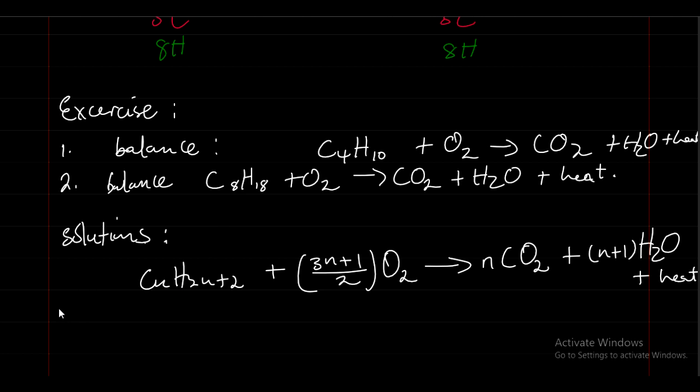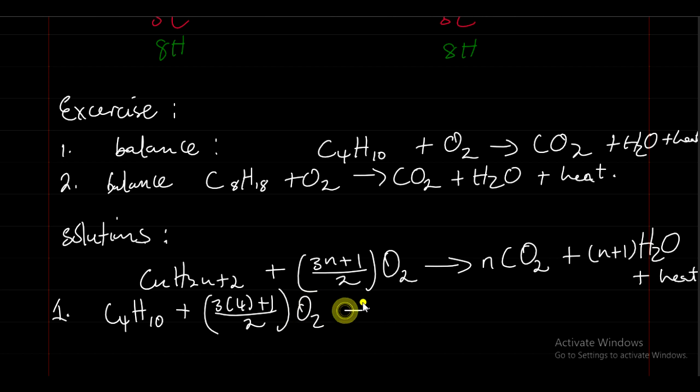Number one. How many carbons do we have from exercise number one? We have 4 carbons, right? So we have 4, and 4 times 2 is 8, 8 plus 2 is 10. Now 3n plus 1: 3 into 4 plus 1, all over 2, O2.